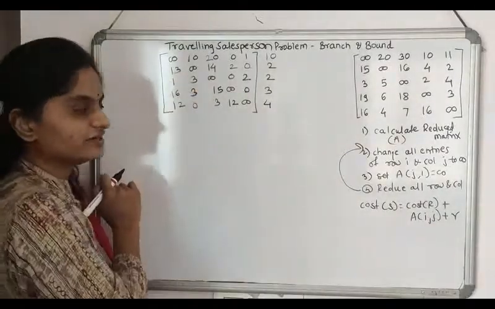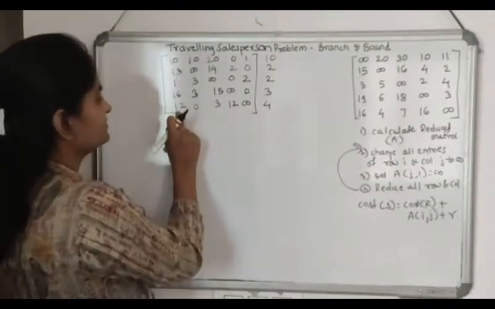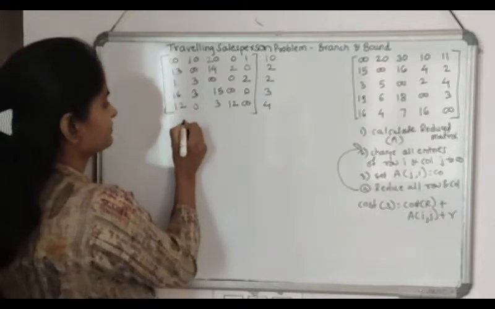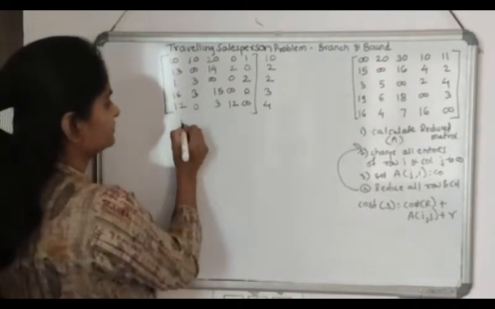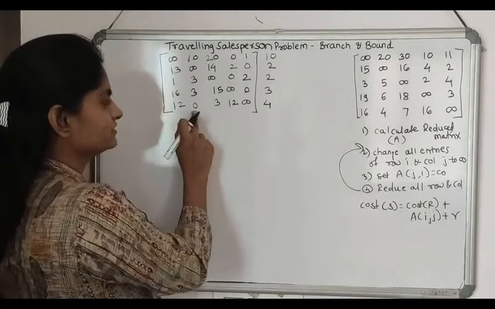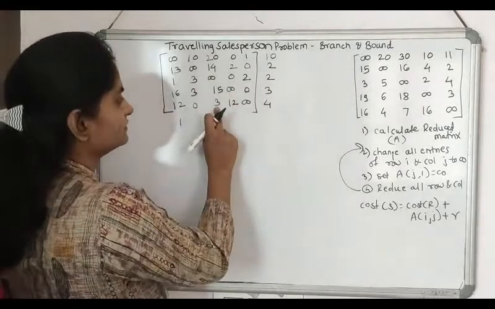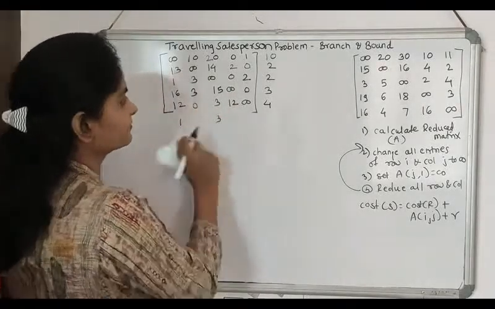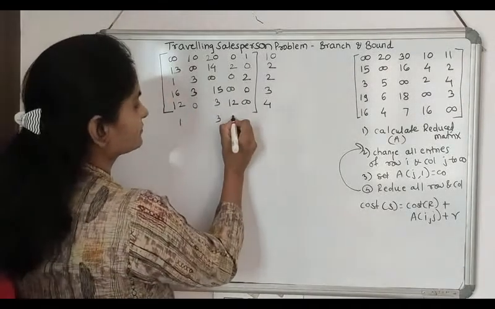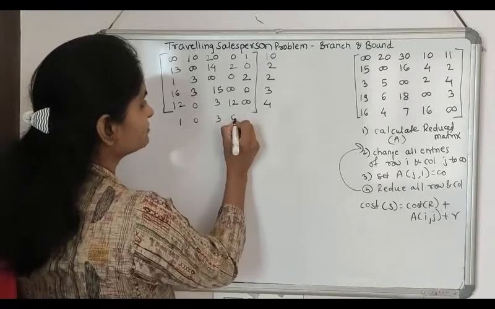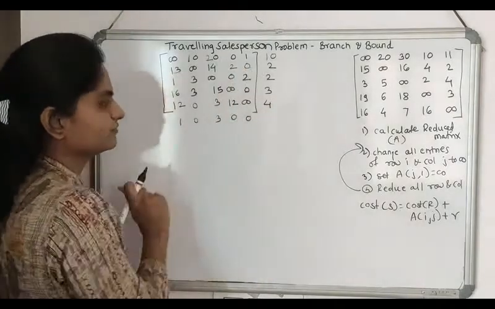Then apply column reduction. Here is 1. Here is 0, then here is 3, smallest value 0, 0. Okay.